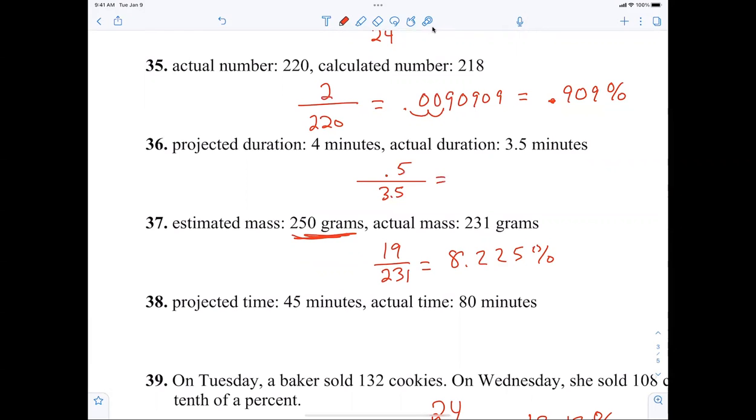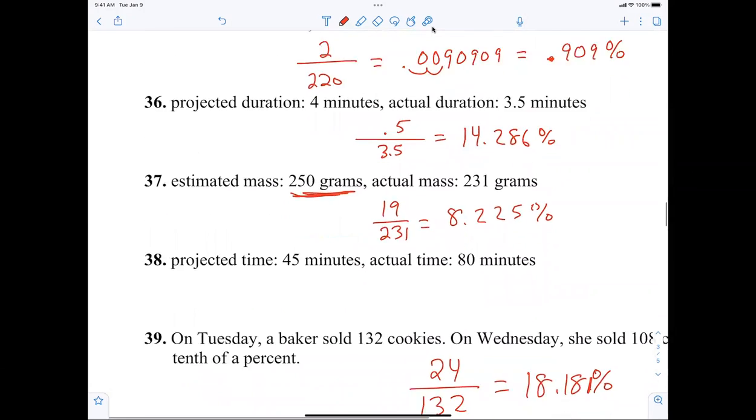Thank you, sir. So what's that? And then that is 14.286%. Thank you, sir. Everybody else okay with that?